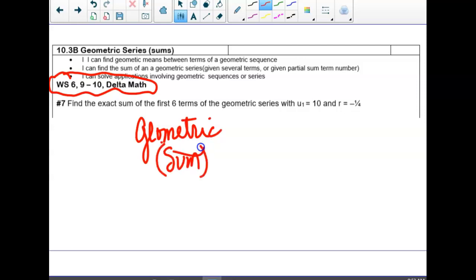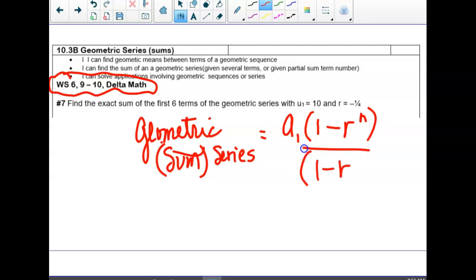Whoops, it's a geometric sum or series from the formula sheet. There's 2 different ways you can do it. The one I used was this. But do you remember what the trickiness is? Especially important when it's a fraction and or a negative. Remember that?